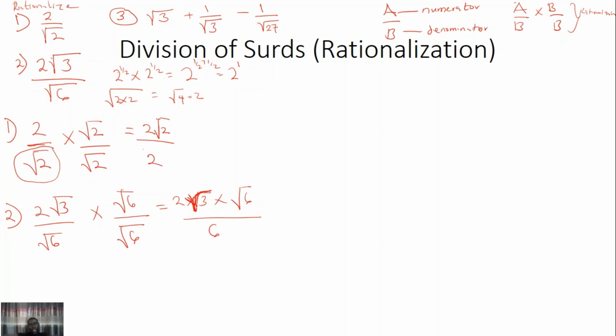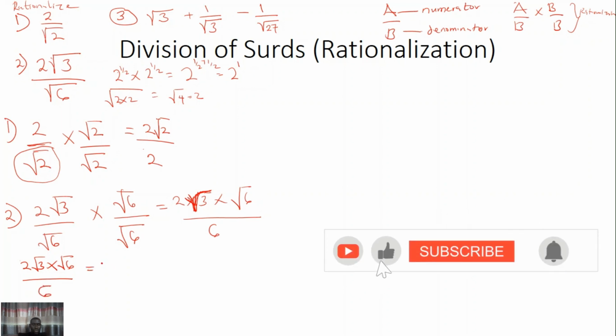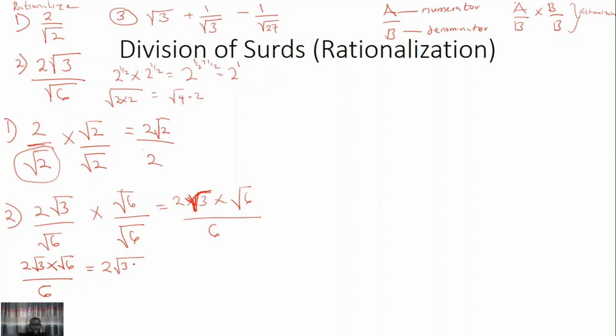If we are to simplify this expression, 2 root 3 times root 6 all over 6, this will be equal to 2 root 3 times 6.